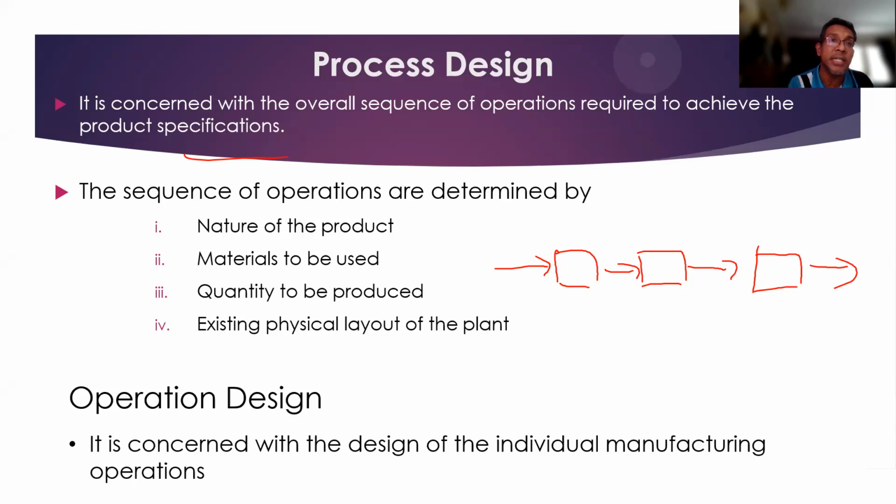influences a lot in the process design, and then the existing physical layout also can influence your process design. So for example, in the production line, you have the machine shop, for example. So you want to design your new product based on that particular machine. So of course, they relate to the quantity or material used before that.